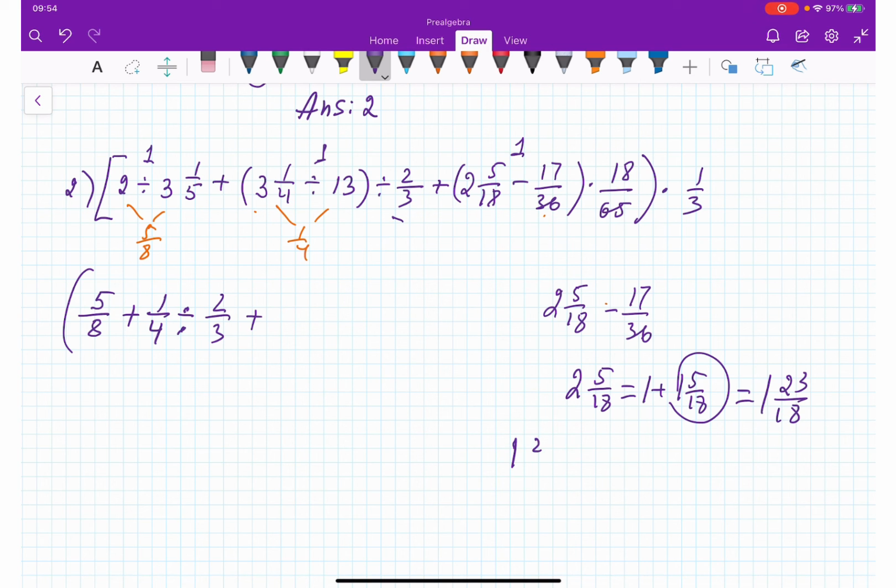Now 1 and 23 over 18 minus 17 over 36. Then it's going to work times 2 times 2. It's going to be equal 1 and 46 over 36 minus 17 over 36, and we are getting 1 and 46 minus 17, 29 over 36. Yes? Okay.